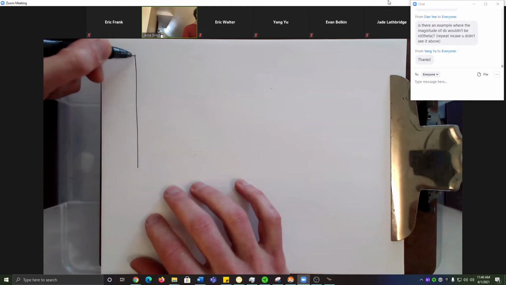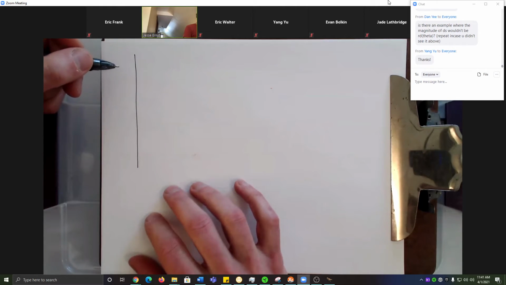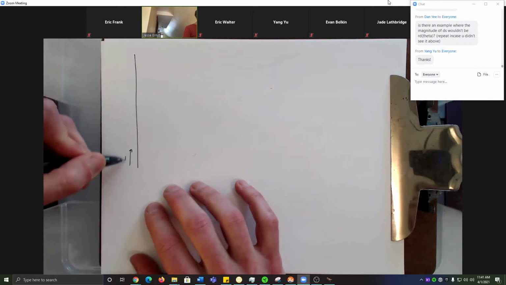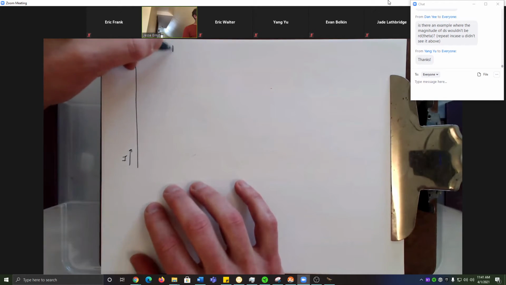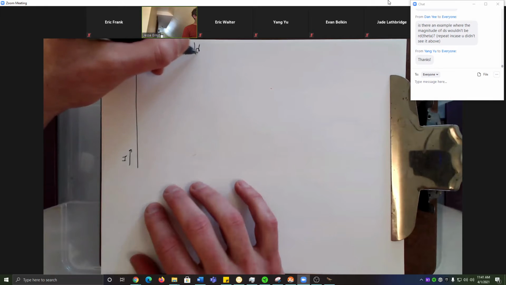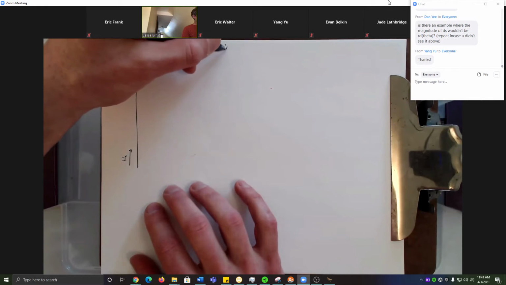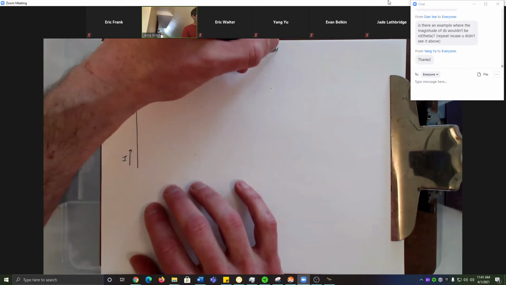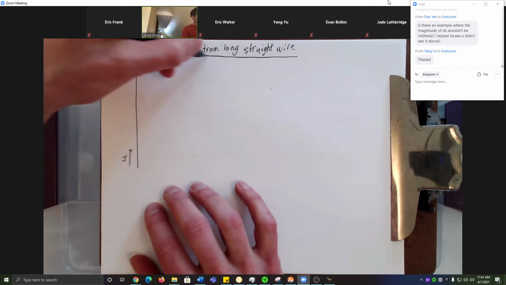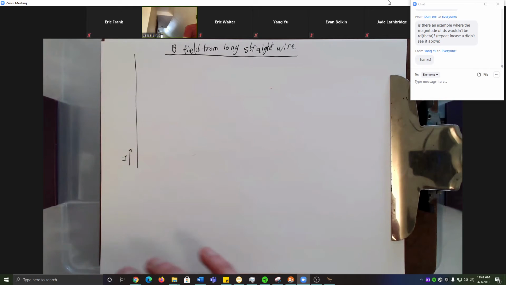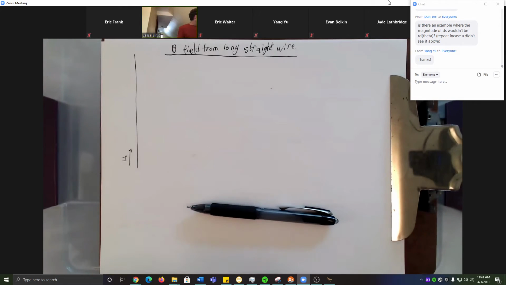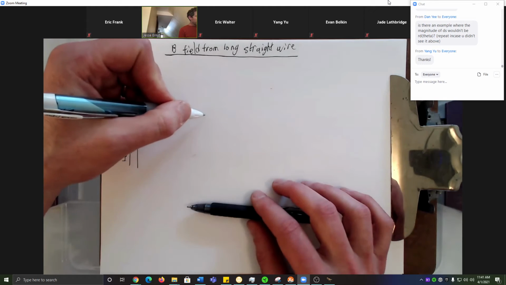Let's take a long straight wire carrying current I. Okay, so I want to know the B field. So we have a long straight wire I, and we want to know the magnetic field at this point P here.